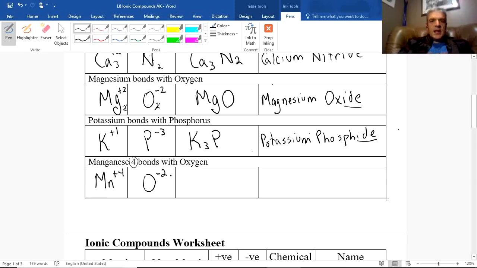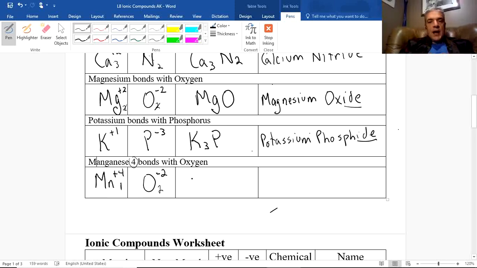So once again, we have an interesting one here where if we just go crossover, we get 2 here and a 4 here. That'll give us 8 and 8, which would work. But the thing is, I only need to make the -2 so that it'll counterbalance a +4, so all I have to do is add a 2 here, and 1 over here. So I only need 1 manganese and 2 oxygens to give me a total of -4 here and +4 here.